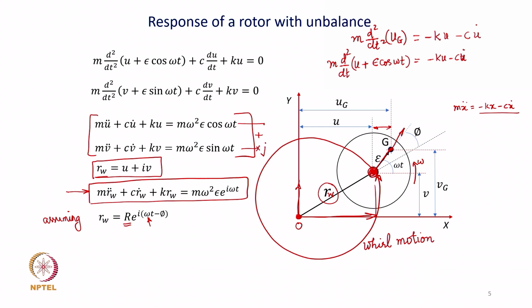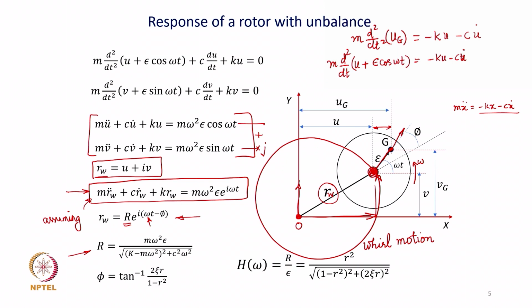So, with this assumed vibration response of the rotor, we substitute R w into this equation by getting an expression for R w dot and R w double dot, and then substituting them and solving as we have done a number of times, you will ultimately get the response amplitude. This is similar to your capital X, and on the right hand side you have m omega square epsilon over square root of k minus m omega square whole square plus c square omega square. Now, when you simplify, you will get the same expression as we got before.